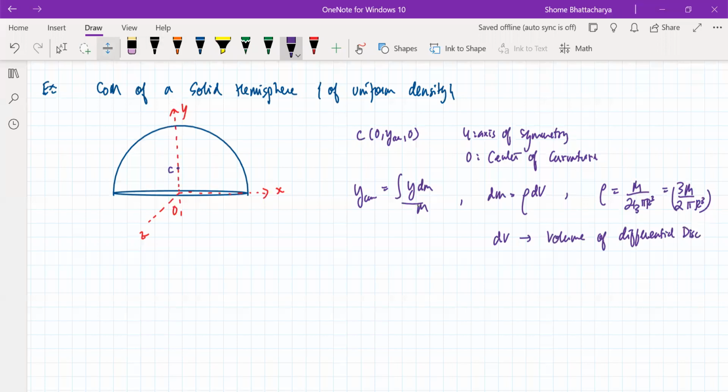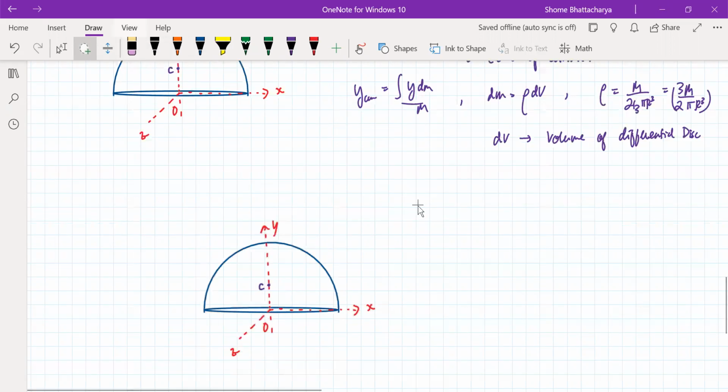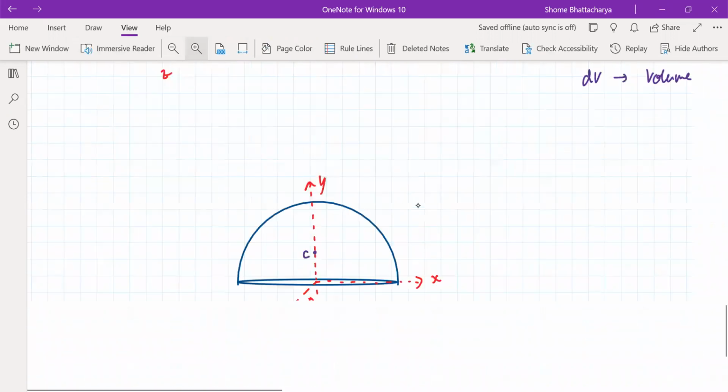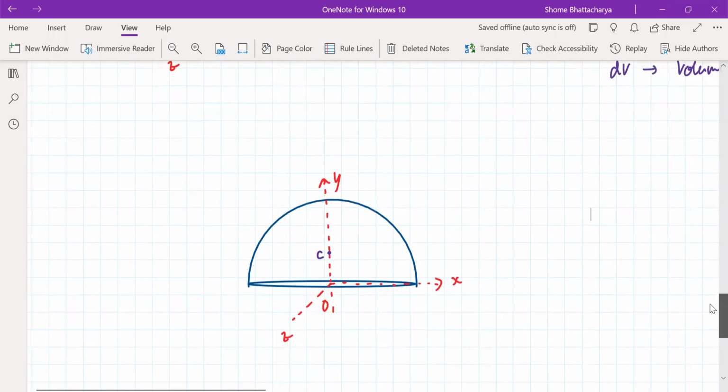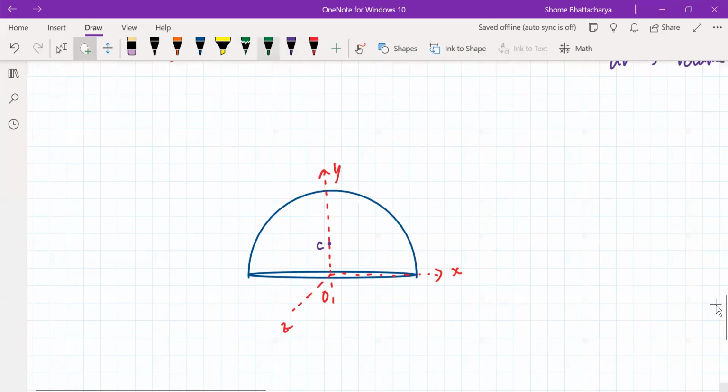Now when we slice this into differential disks, the way we treat the geometry of the disk is going to be slightly different compared to how we saw the geometry of the ring on the surface. Because for the ring, we had considered the thickness as the differential arc r d theta. But for the disk, we will have to consider the thickness as the vertical thickness and not the thickness on the curved surface.